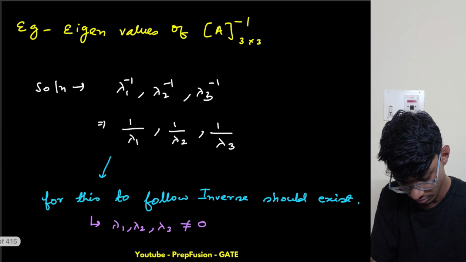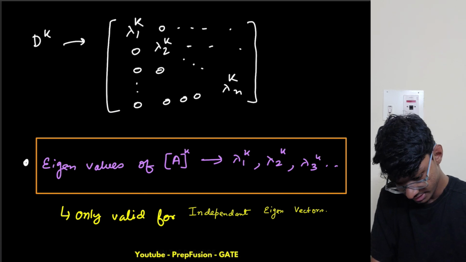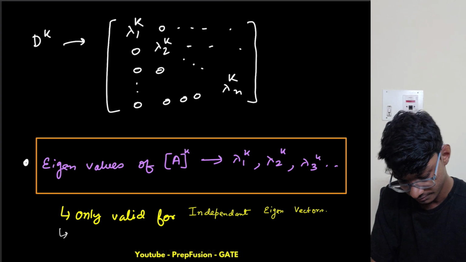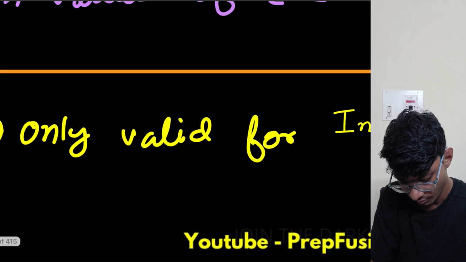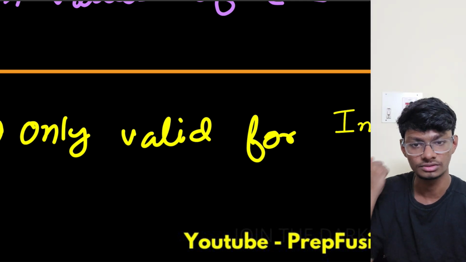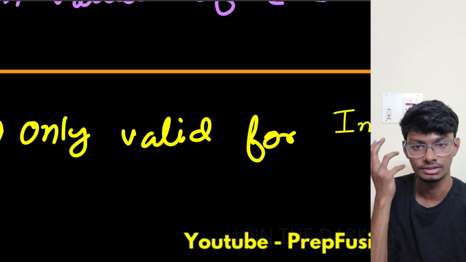So when else is this valid? This is definitely valid, always valid for distinct eigenvalues, because if my eigenvalues are distinct, then definitely my eigenvectors will be independent.